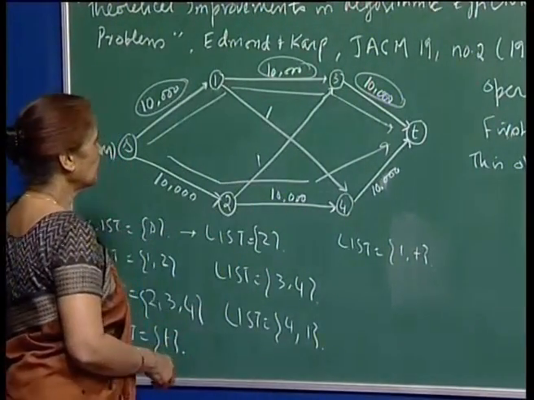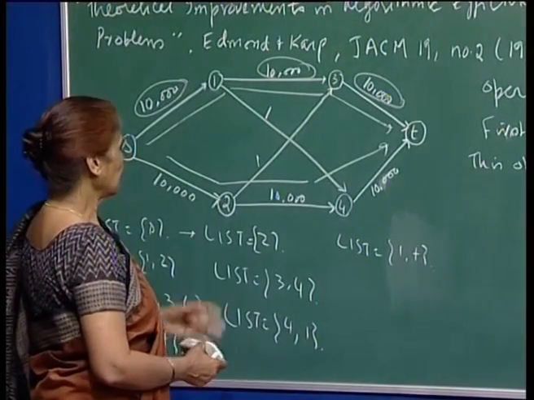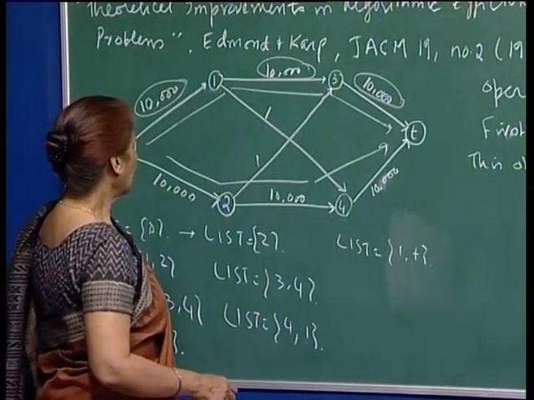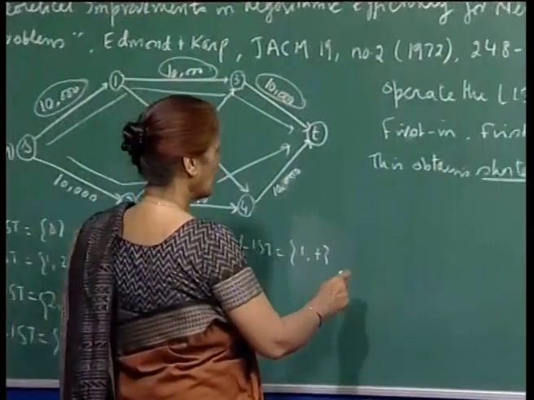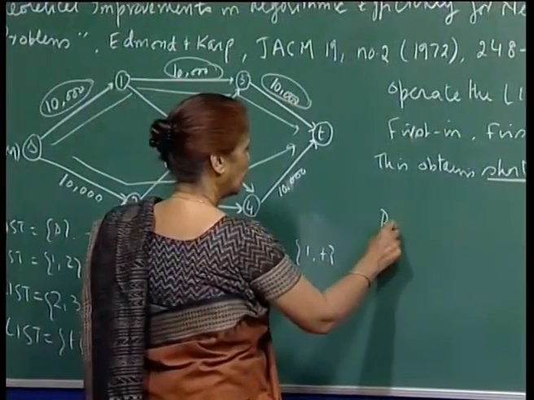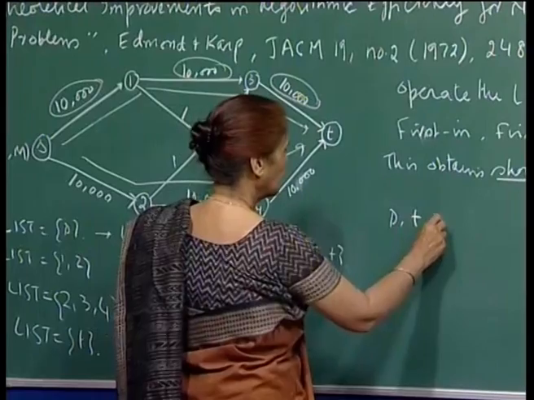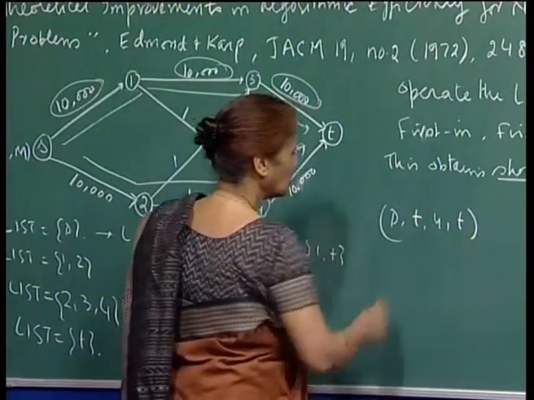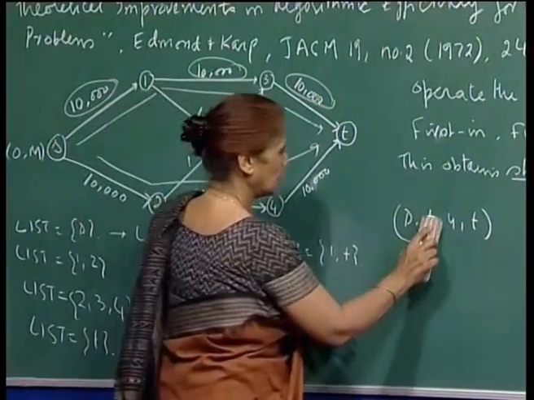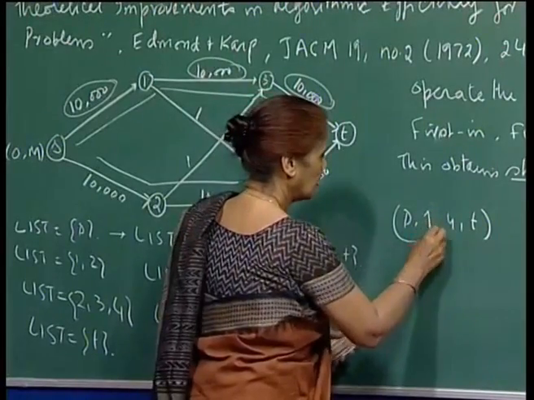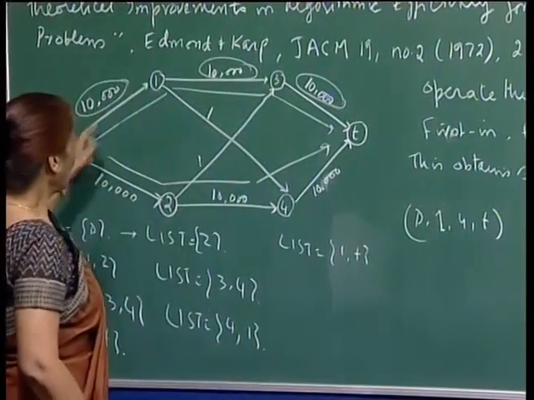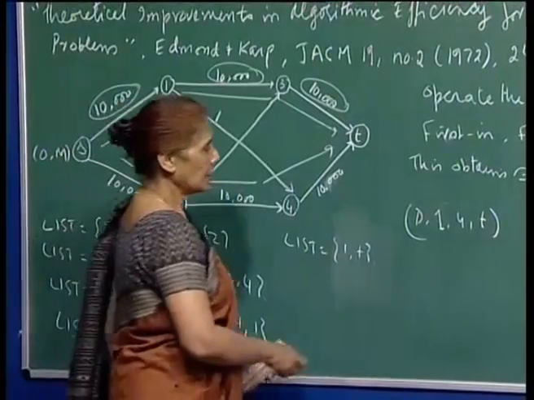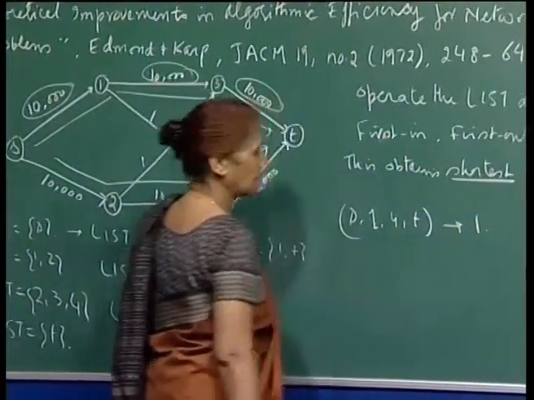And in the earlier thing when I had shown you, for example, what were we doing in the labeling algorithm, I had found for you, say for example, the path S14T, right. This was S14T, and this had capacity of only 1 unit, right.